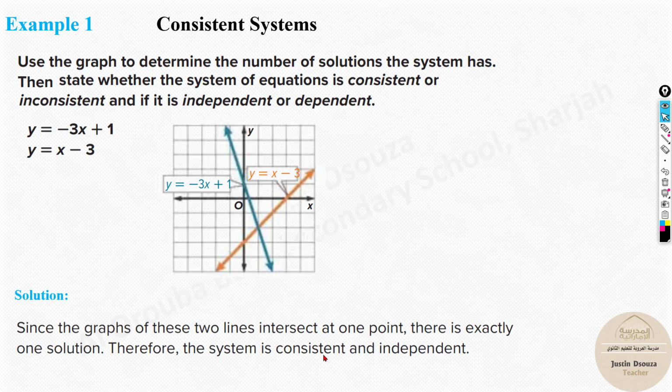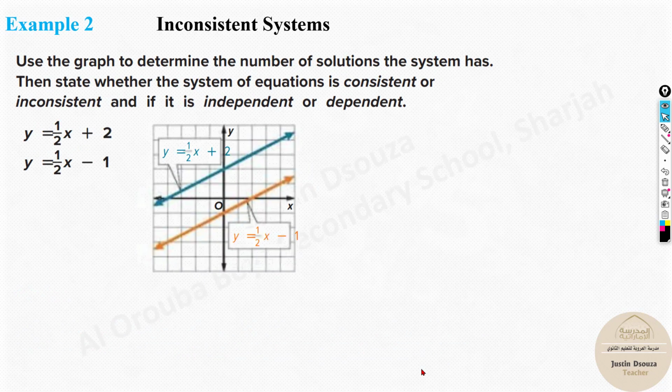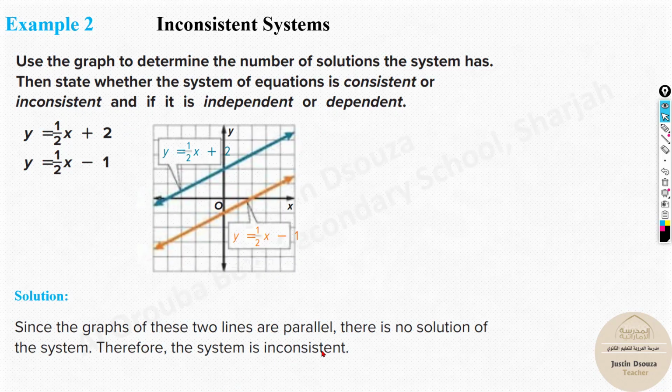So the answer is consistent and independent. Over here, you can see there is no solution because they are parallel lines. You can see the slopes are the same, but the intercepts are different. That means they're parallel lines. They will never touch each other. There is no intersecting point, so there is no solution, and it is inconsistent. So no solution means inconsistent.